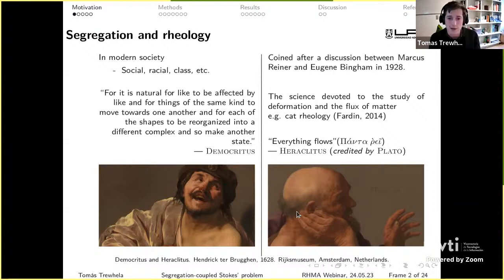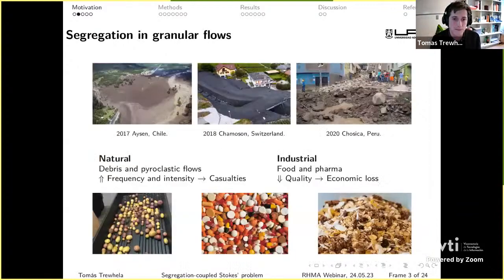And what's interesting about these two is that these two paintings are in the same hall in the Rijksmuseum, and they're from the same painter. So basically, not only what I will show you today is a coupling of two physical processes, it's also a coupling in art. So it kind of all falls into the same bin.